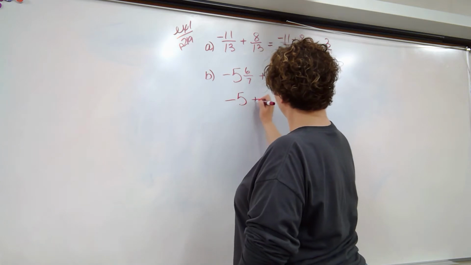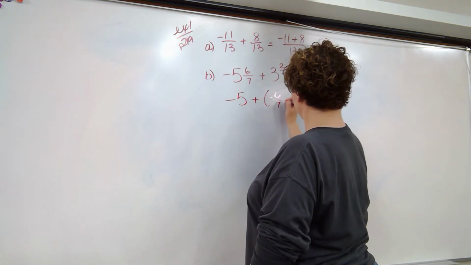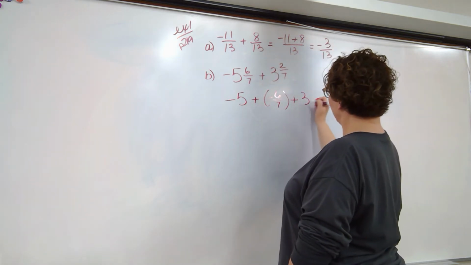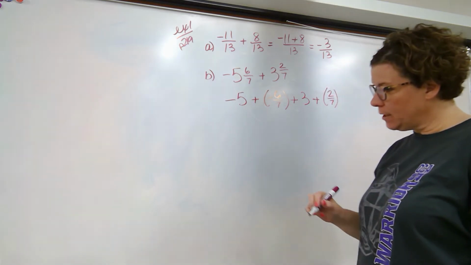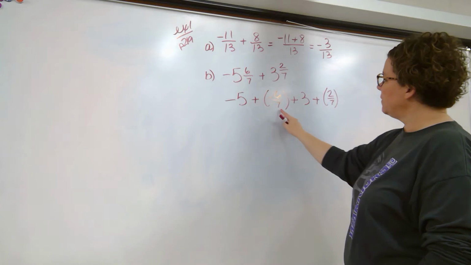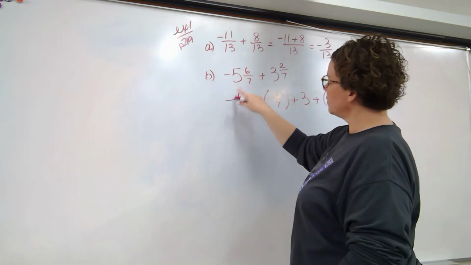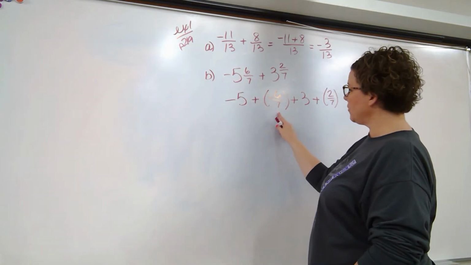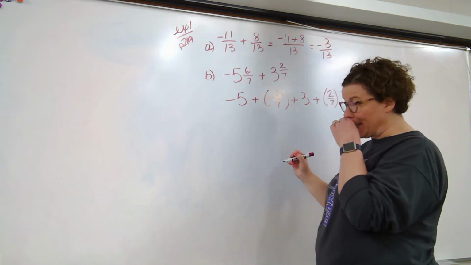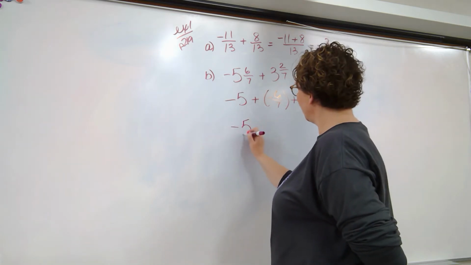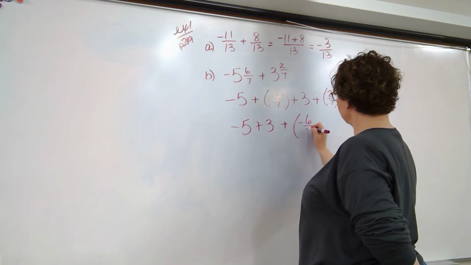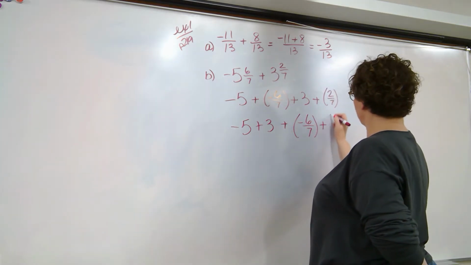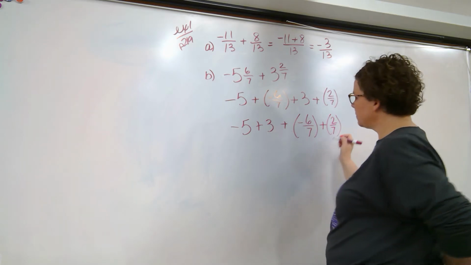Negative 5 plus negative 6/7 plus 3 plus 2/7. This whole thing is negative, so the whole number and the fraction are both negative. Now I'm going to move my numbers together. Negative 5 plus 3 plus negative 6/7 plus 2/7.